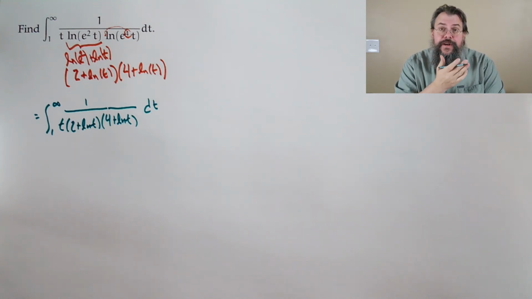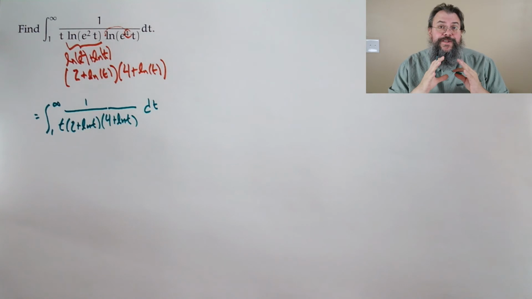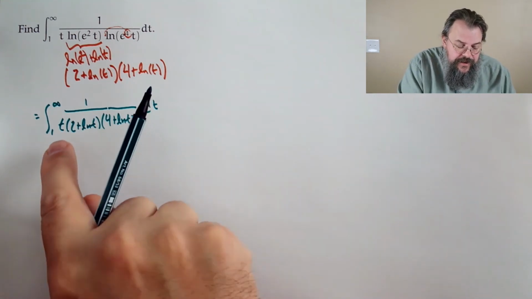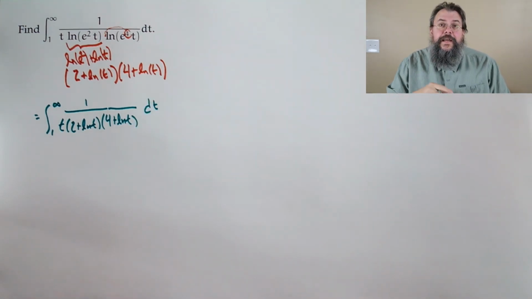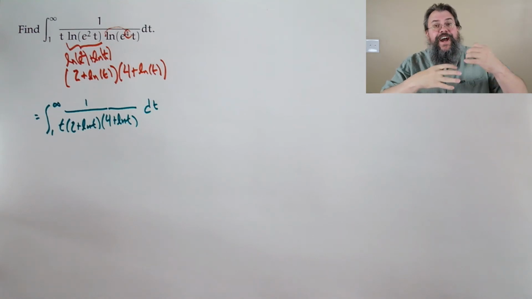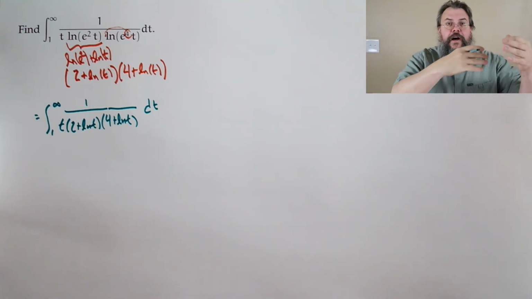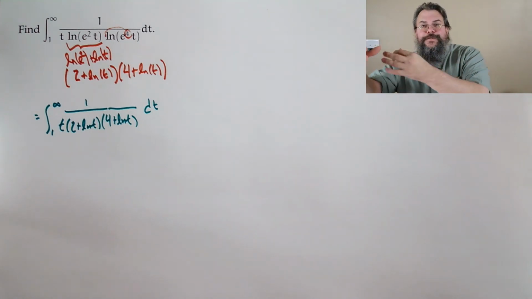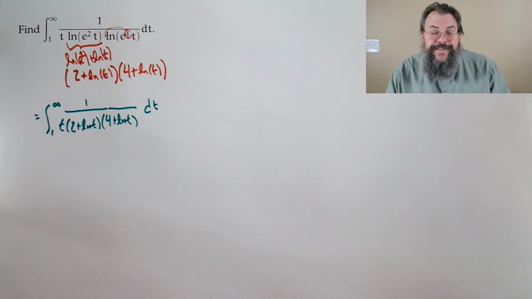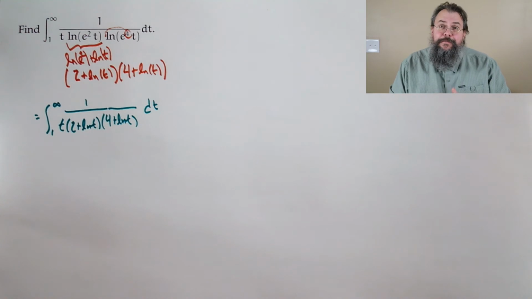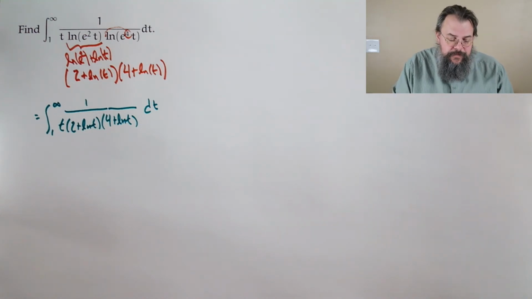Well, the derivative of natural log of t is 1 over t. So we see the derivative of log of t sitting right there. It's beckoning with its siren wail, substitute me, substitute. We'll listen to it this time because it looks like a pretty straightforward substitution.